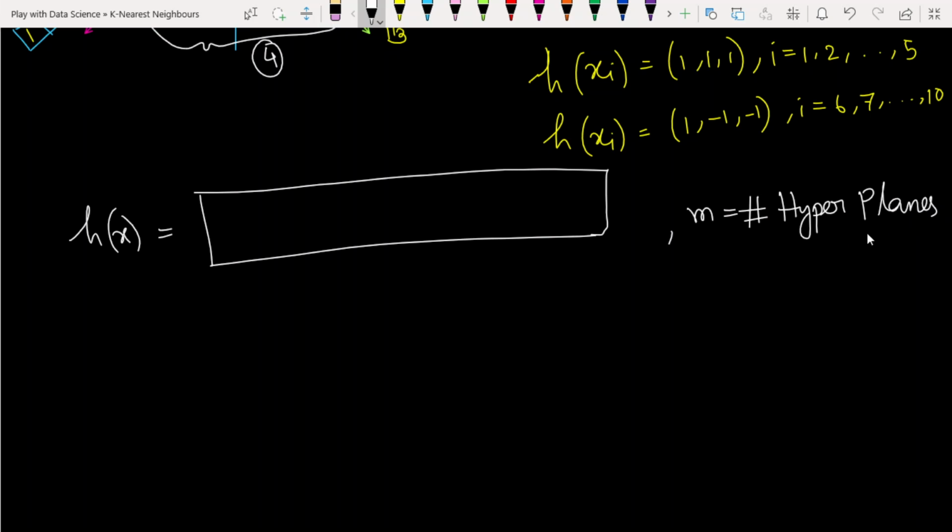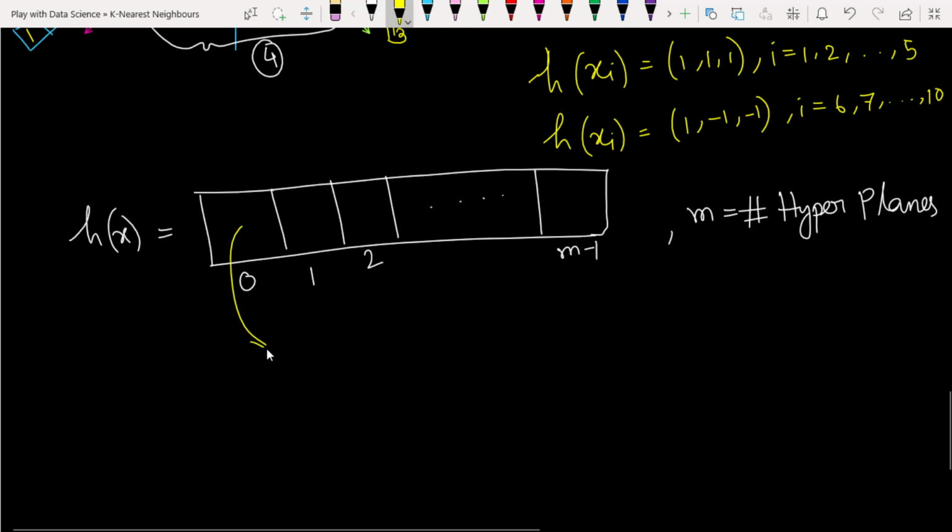If m is the number of hyperplanes, the hash value will be m dimensional, 0, 1, 2, 3 dot dot dot to m. And what will each value be? This is responsible for the pi 1 plane, this is responsible for the pi 2 plane, this is the pi 3 plane, this is responsible for the pi m plane.